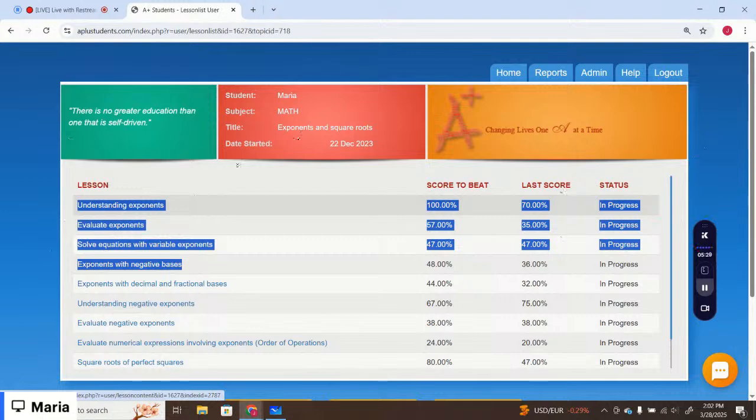I'm on grade 8 with the first lesson, that is understanding exponents.